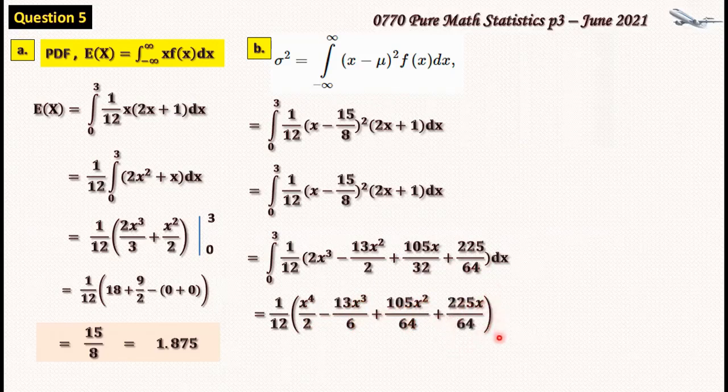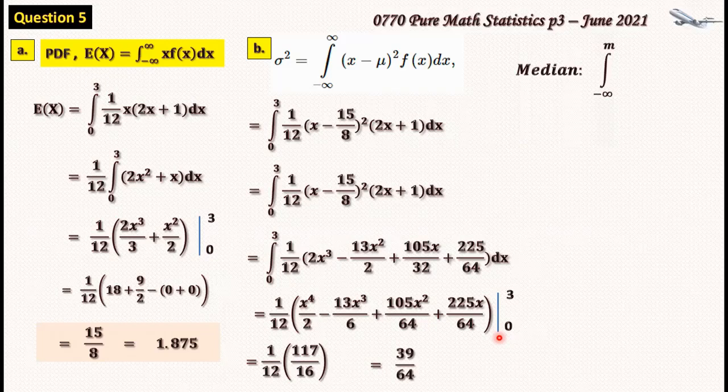The limit of integration is from 0 to 3. When you put in these limits and simplify, we're going to have 1 over 12 into 117 on 16, so the answer is equal to 39 on 64. This is the variance. You can write the answer to the required number of decimal places by dividing.